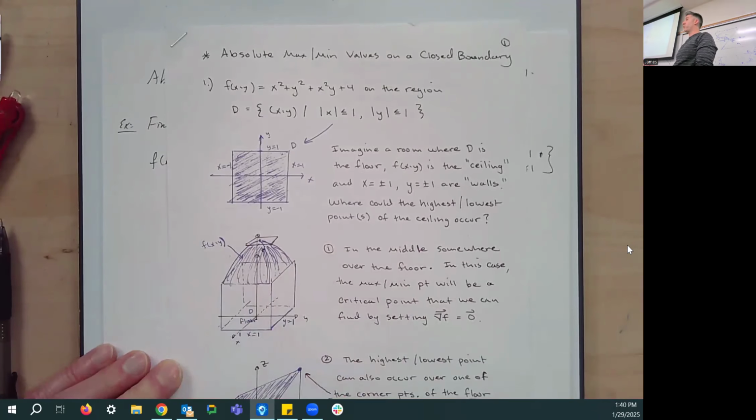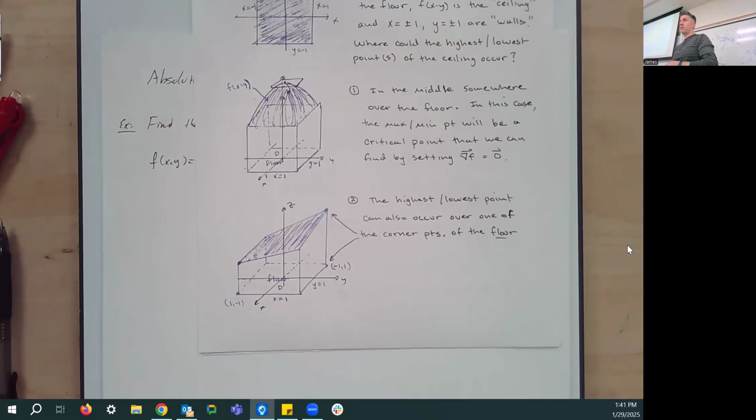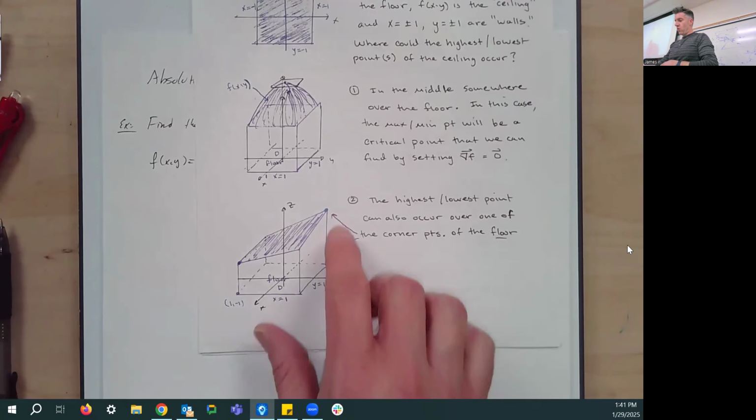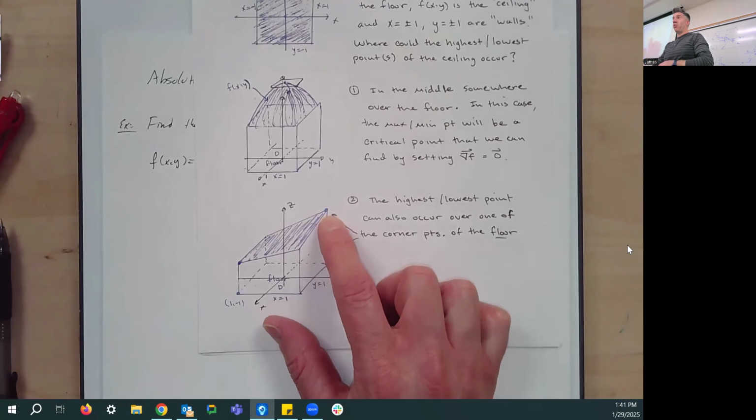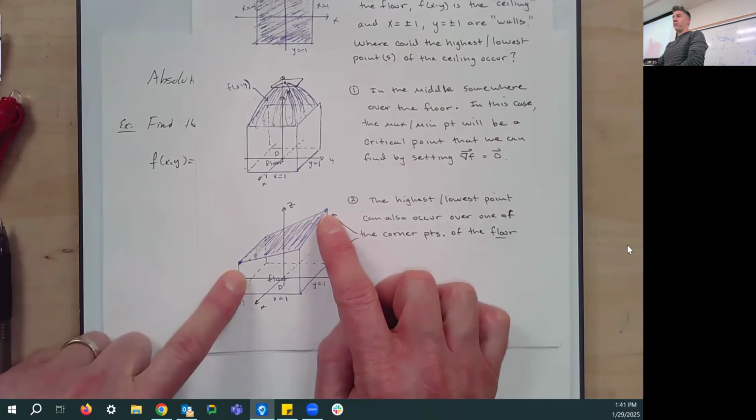So there might be a critical point in the middle of your region that we have to test. But your surface could look like that, where your absolute maximum, the highest point on the roof of your house is what I'm really thinking, could be up in that corner, and the lowest point could be over in that corner.